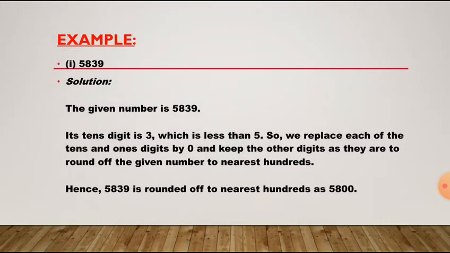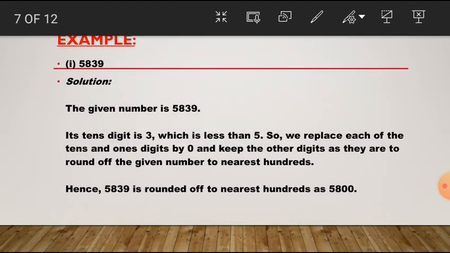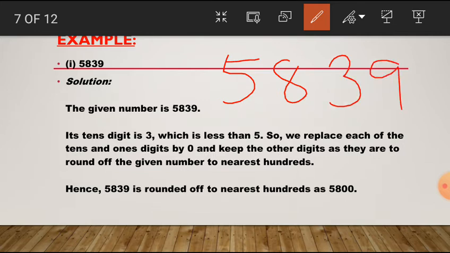Look children, here in this example question, 5839 is given. Here you have to check the digit at tens place. So here the tens place digit is 3. Always remember, to round off to the nearest hundreds, you have to check the digit at tens place.